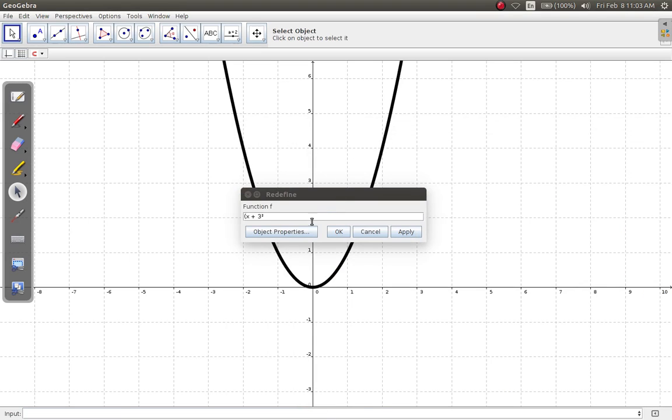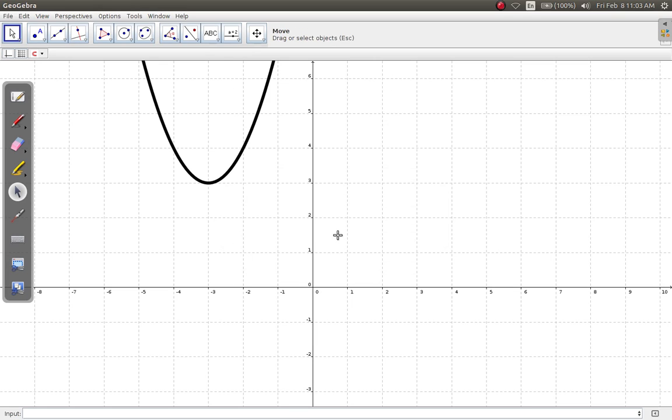I'm going to say x plus 3, close bracket, then outside the bracket I have plus 3. Now, a while ago, within the bracket the plus 3 moved it to the left, and outside the bracket the plus 3 moved it up 3 places. So let's see what happens in this case.